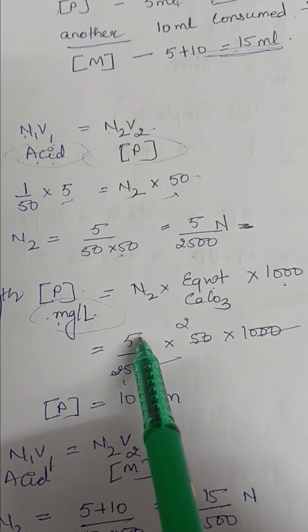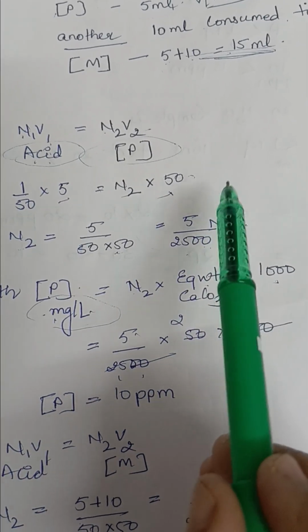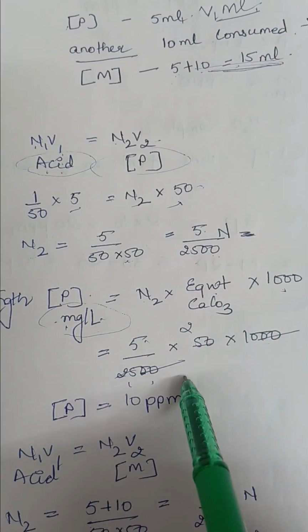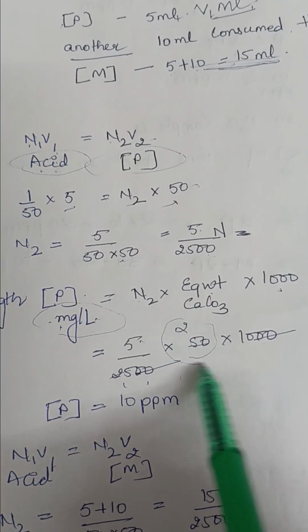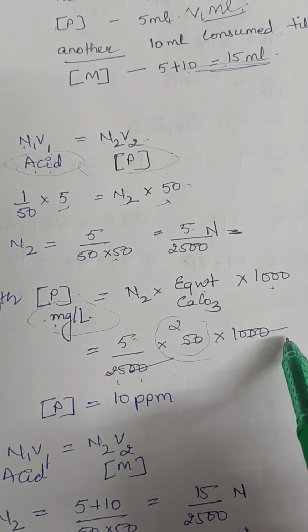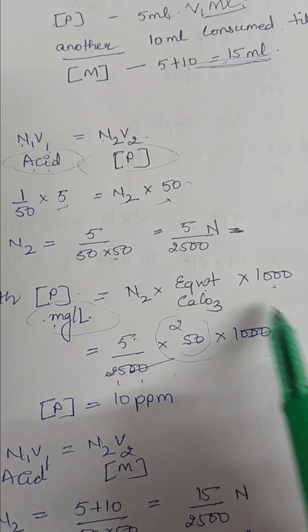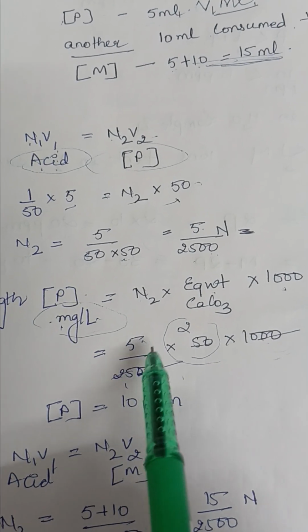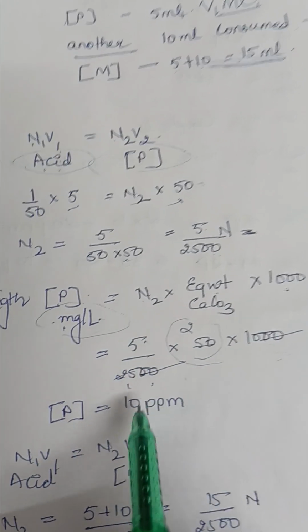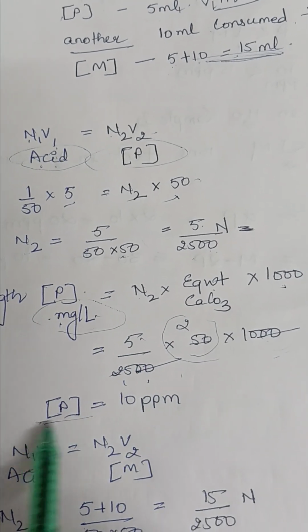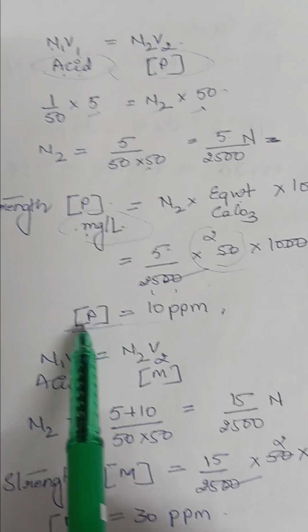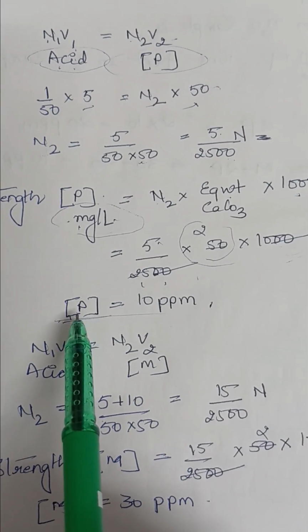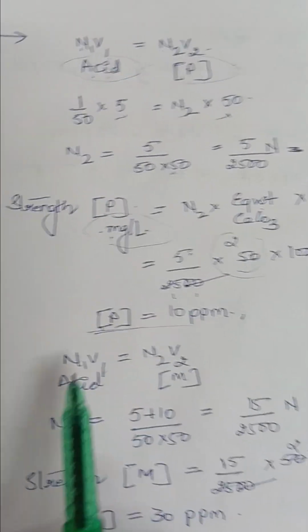So this will be 5 by 2500 from the above step, 50 is the equivalent weight of CaCO3, and 1000 is the factor for converting to mg per liter. When we calculate this, the concentration of P comes to 10 ppm. So the strength of P is 10 ppm.